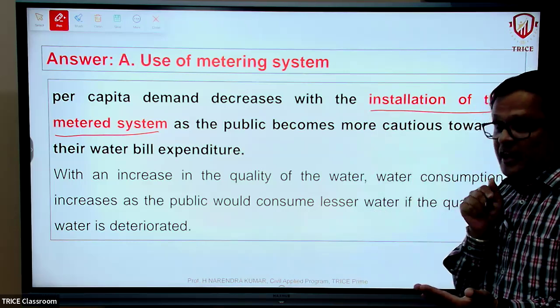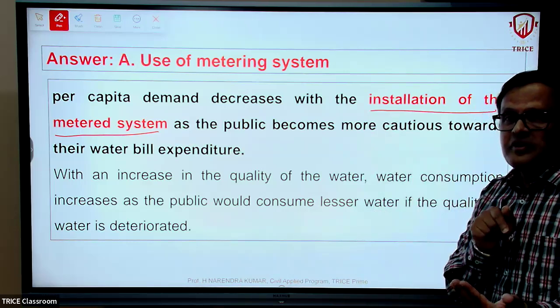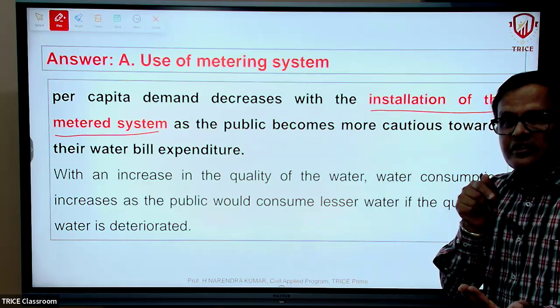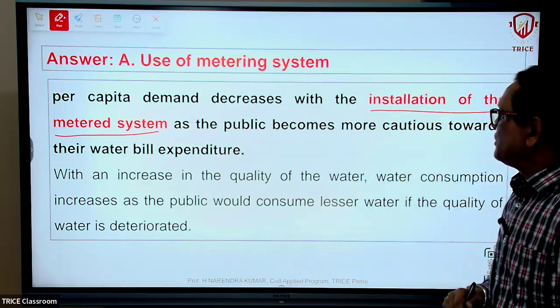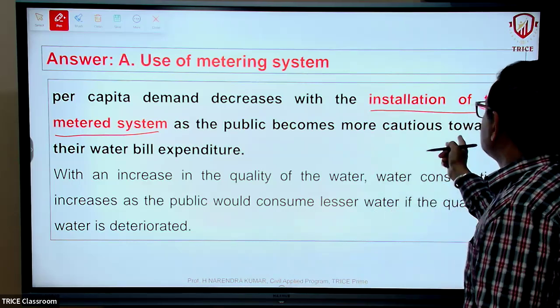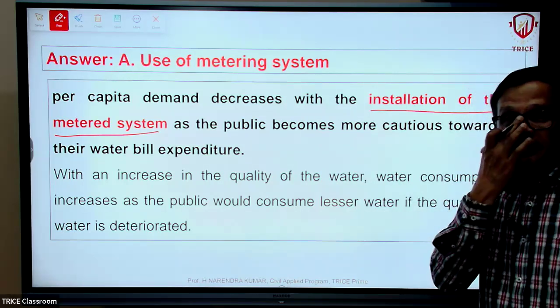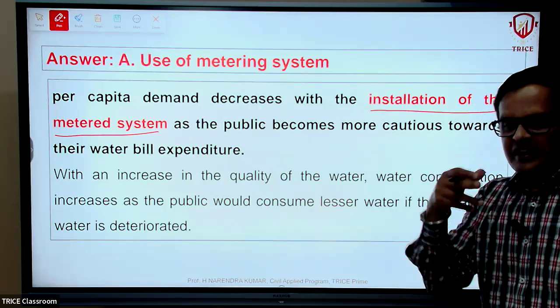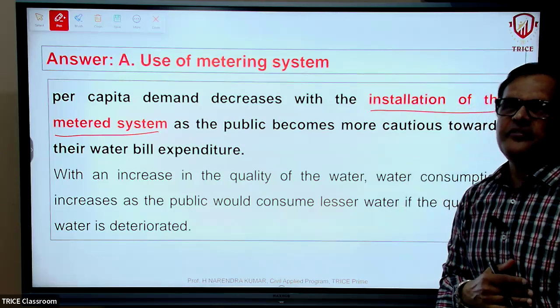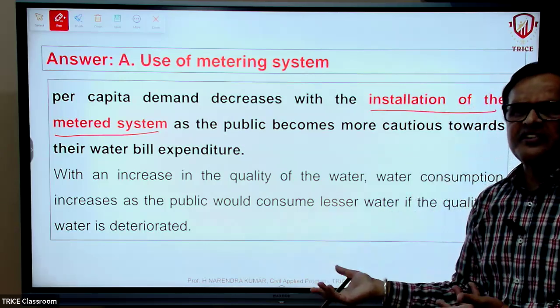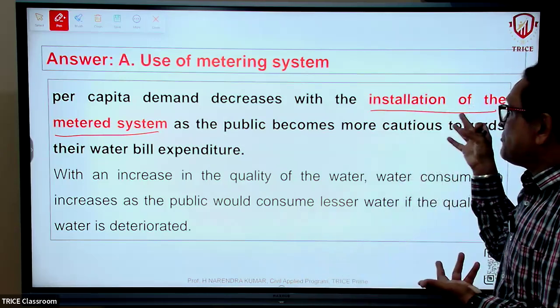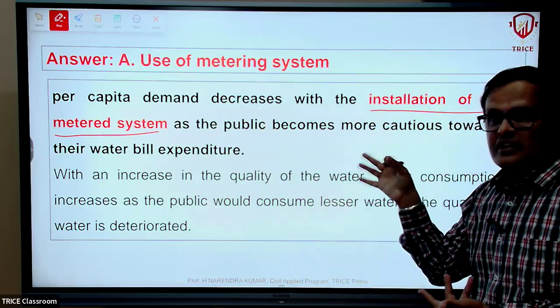I am going to keep an eye on the consumption, because when it is greater than 25,000, I need to pay more. So the public becomes more cautious towards their water bill expenditure, isn't it? If I consume more than 25,000, then the tariff will be different. I need to pay more. Similarly, in electricity. That is why we will keep an eye on the consumption.